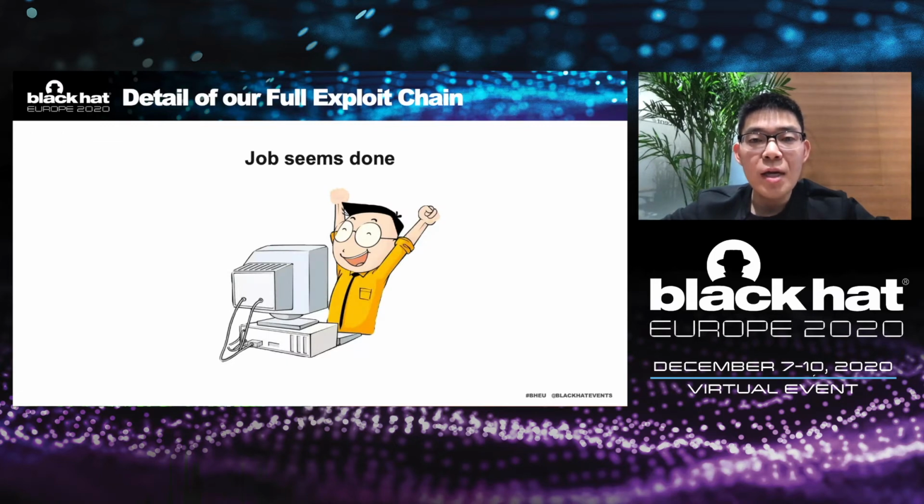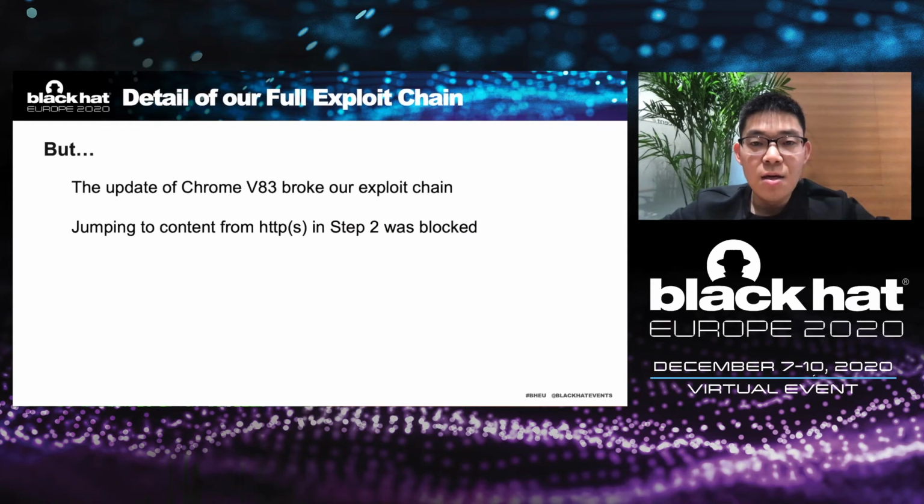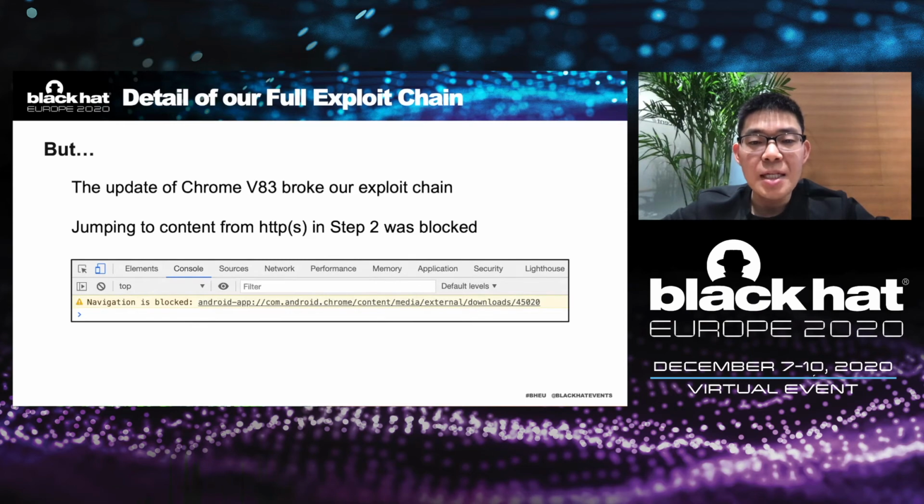Job seems done already. But the update of Chrome 83 broke our exploit chain again. Jumping to content from HTTP in step 2 was blocked. We must find another way to bypass the blocking.